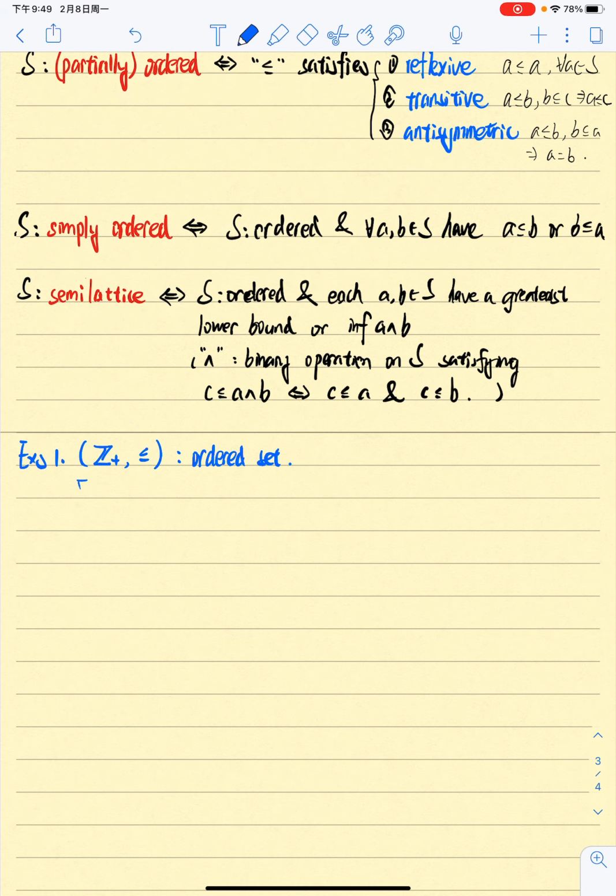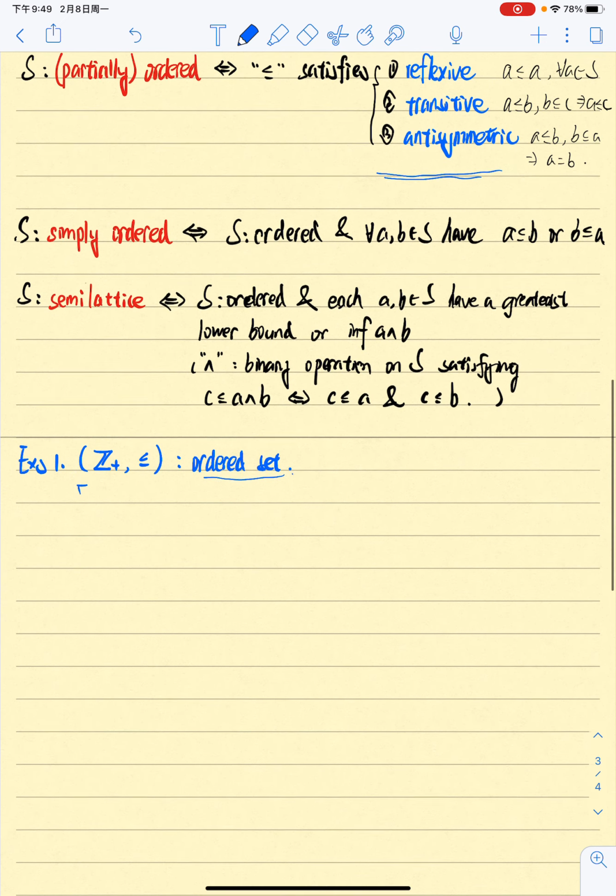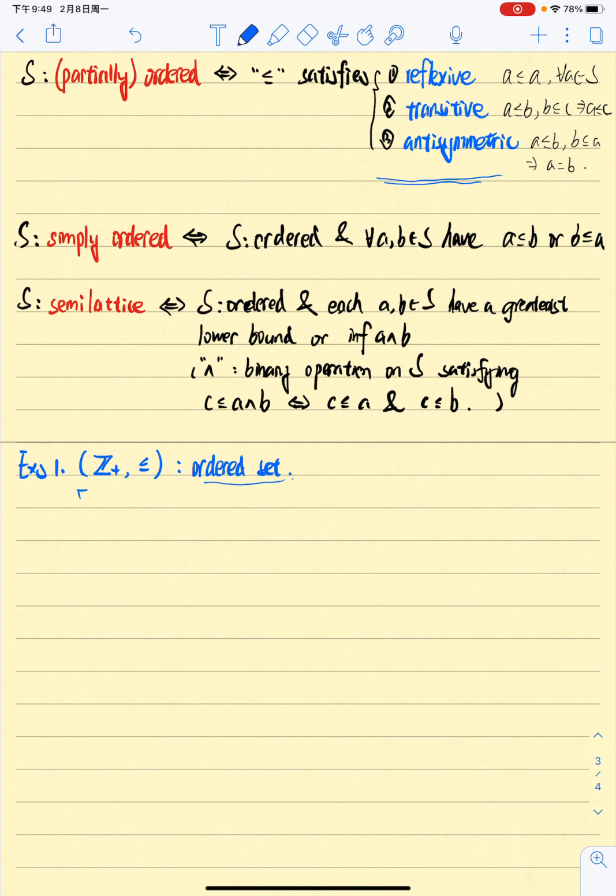Because we want to prove this is an ordered set, we should prove these three laws. For the first, reflexive: for every element in the positive integer set, this is smaller than or equal to itself.